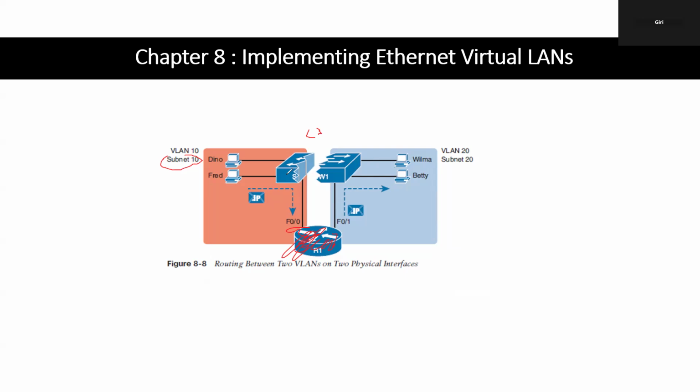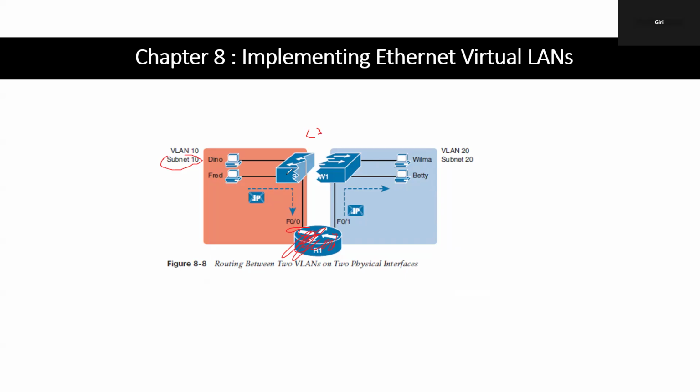You understand? If Dino and Fred want to send traffic to VLAN 20, what's going to happen? It's going to go through the process of first doing an ARP, right?